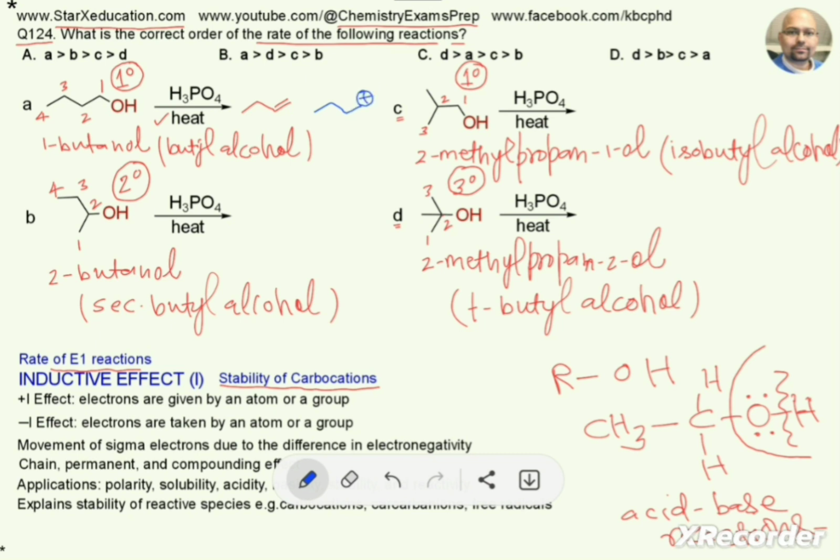Now compound B would give an alkene which is a bit more substituted than alkene A, and this is the result of a carbocation which is secondary in nature. So we have a primary carbocation in case of A, we have a secondary carbocation in case of B.